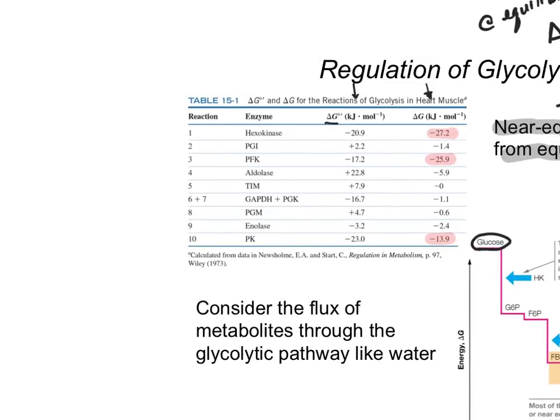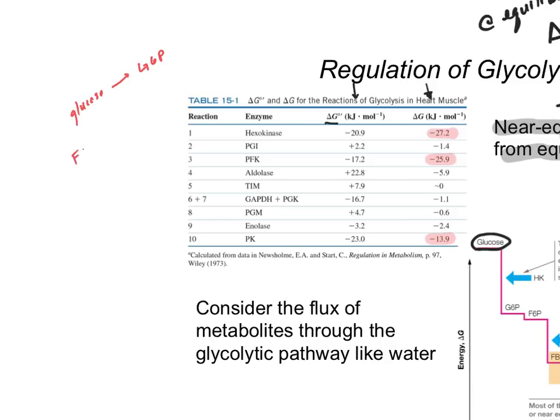So we have 3 possible ways that we're going to be able to control the flux of metabolites through glycolysis. It's either going to be hexokinase, phosphofructokinase, or pyruvate kinase. What does hexokinase do? We take glucose, and it phosphorylates it at the 6-carbon, so we get glucose 6-phosphate as a result. What does phosphofructokinase do? PFK is a very big, important enzyme.